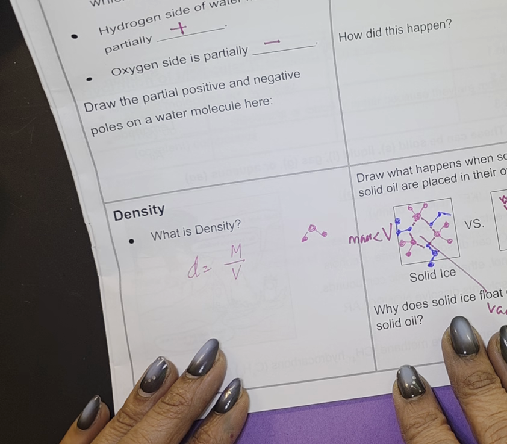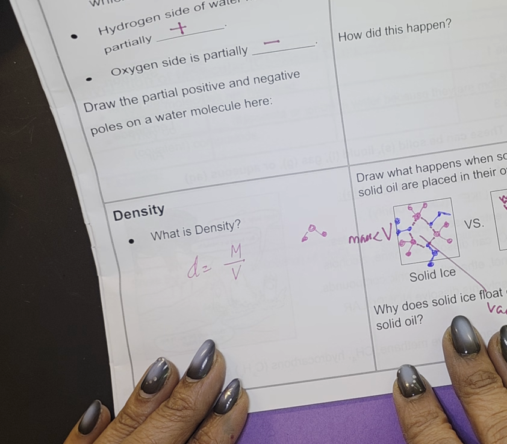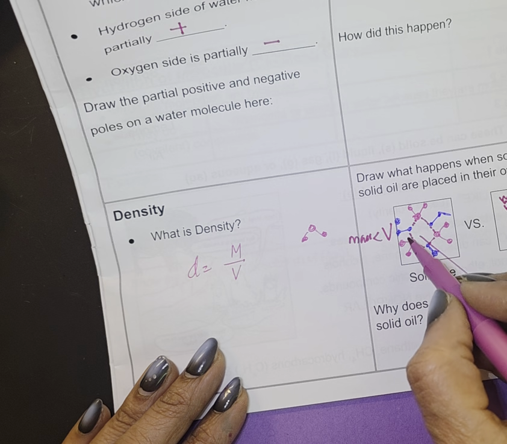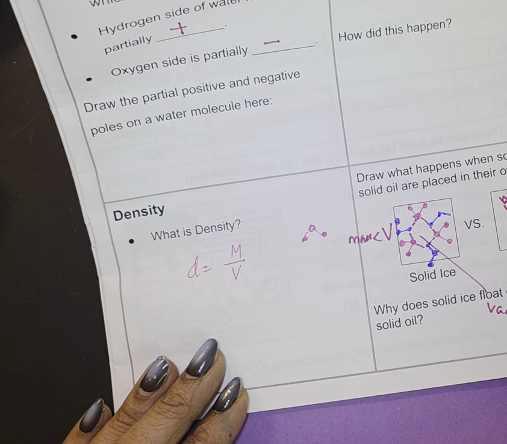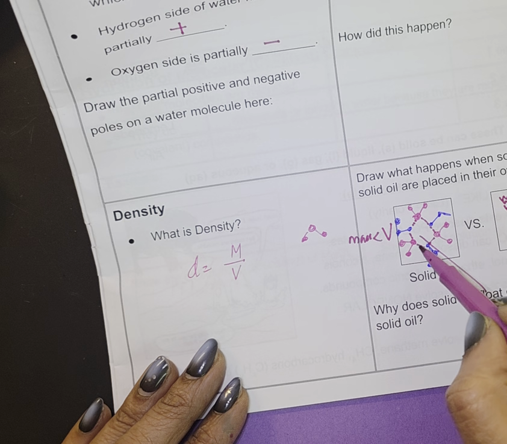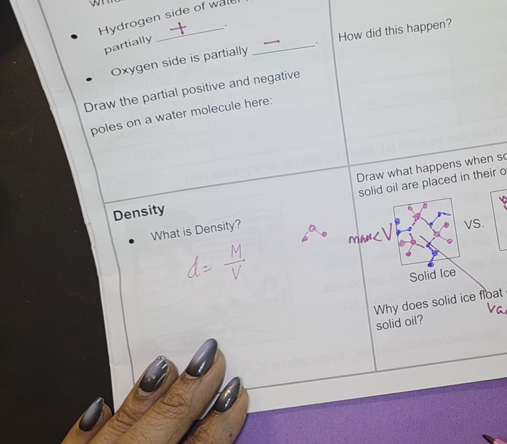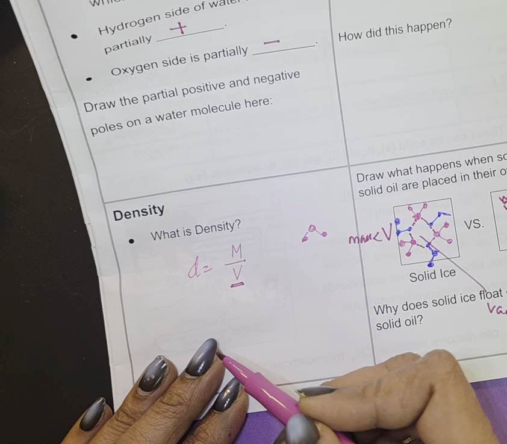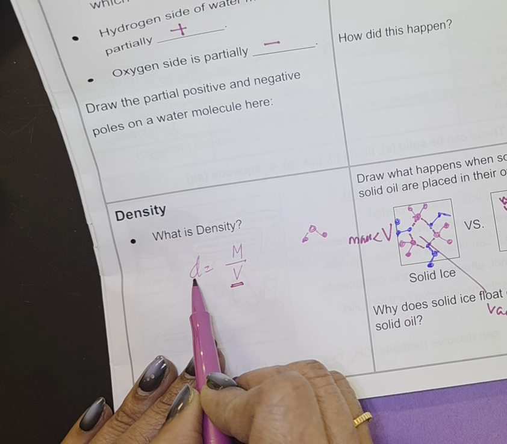Ice will expand, so ice needs more space. When water freezes, it will have a lot of vacant spaces inside. Not air, I would say that's just vacuum. There is no air inside the water.